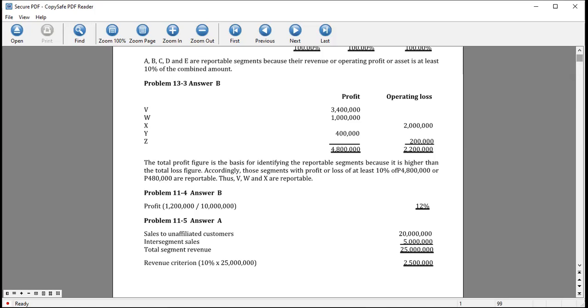So for profit, it's 1.2 million, the profit for the current year, divided by the results amounting to 10 million. Actually, it's 12 million. So which piece of information determines that the North American division is a reportable segment is letter B. So meaning it's profit. Next, number 5.